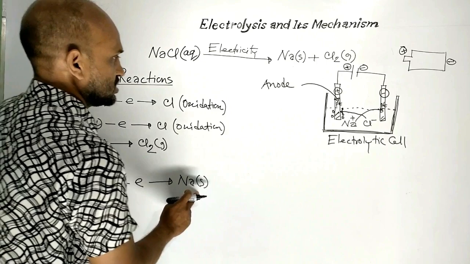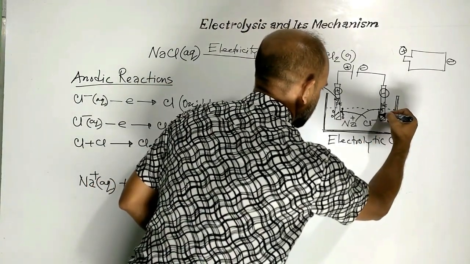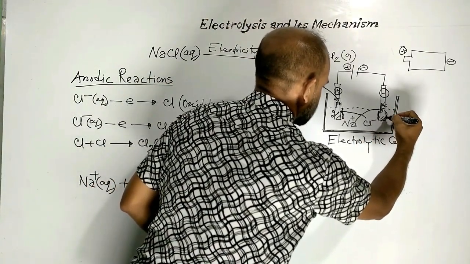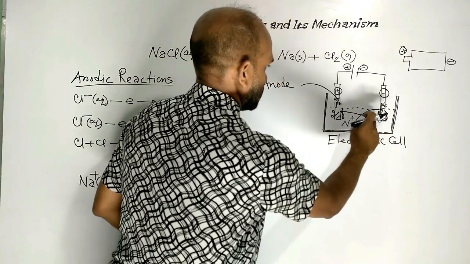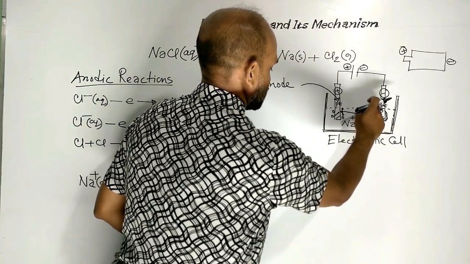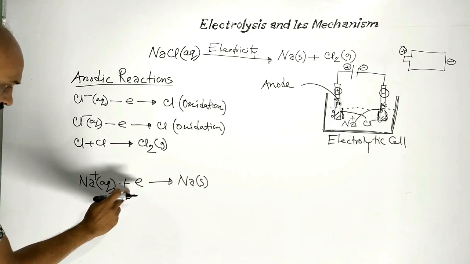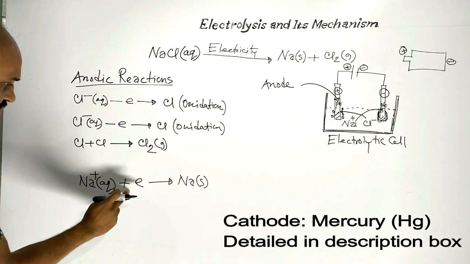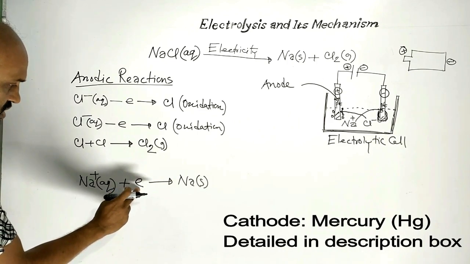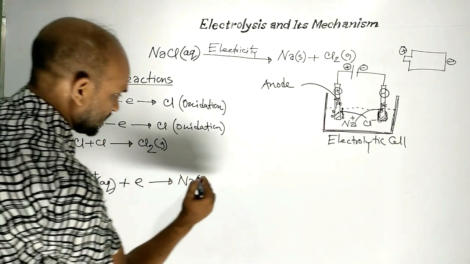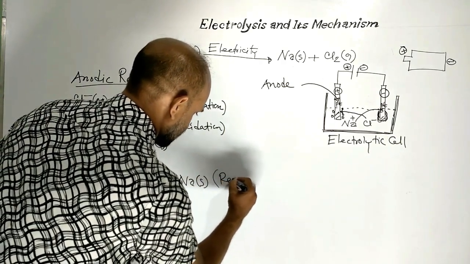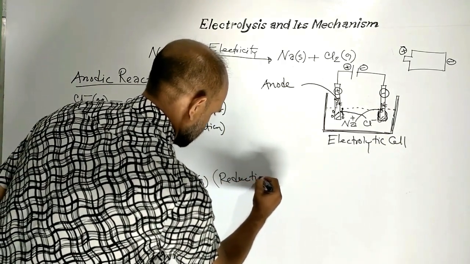In this way, sodium deposits on the surface of this metallic bar. Here, this is the addition of electrons. Addition of electrons is known as a reduction reaction.